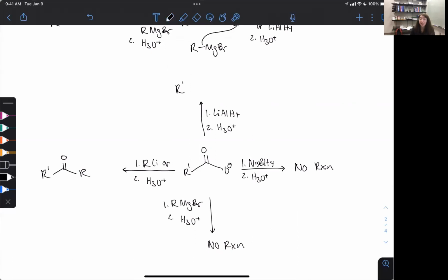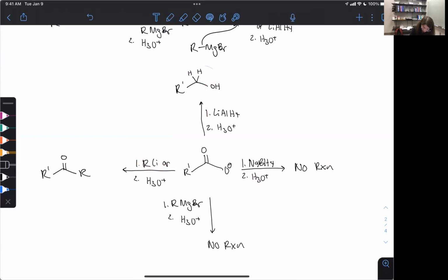But at the end of the day, you're doing two additions of the hydride. So you're actually going to end up getting a primary alcohol out. Okay, so it's going to be fully reduced, and it's because we have essentially a Lewis acid present, we can get away with kicking off some stuff to make it so that we only have one oxygen left, where we don't really have that as much in the organolithium case.